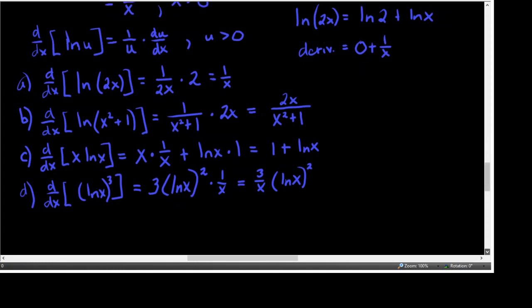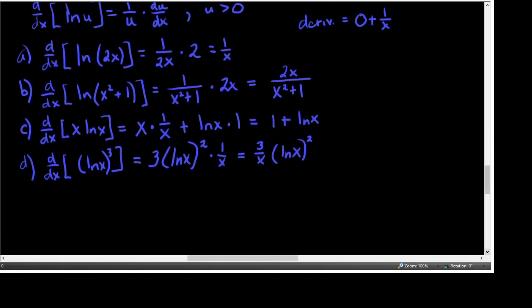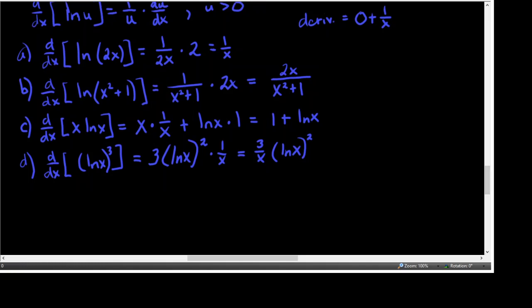Okay, let's see what else we've got here. Oh, I want to throw in one more example that's not in your notes. So I wanted to do a quotient rule problem. So let's do the derivative of ln of x divided by x squared plus 1.